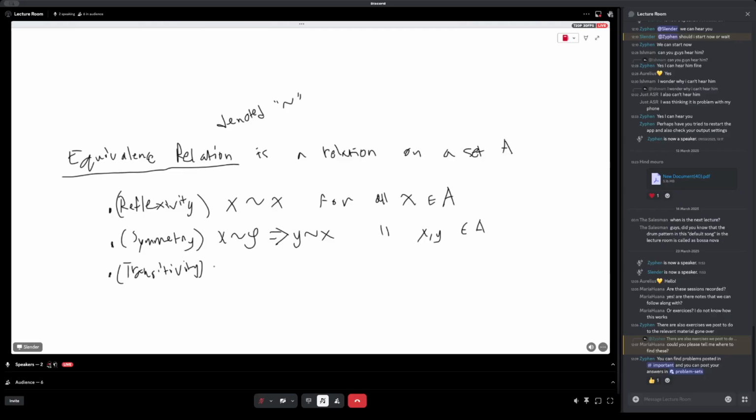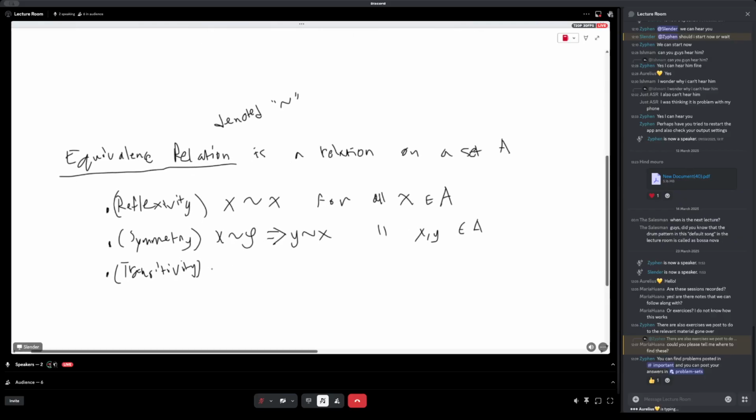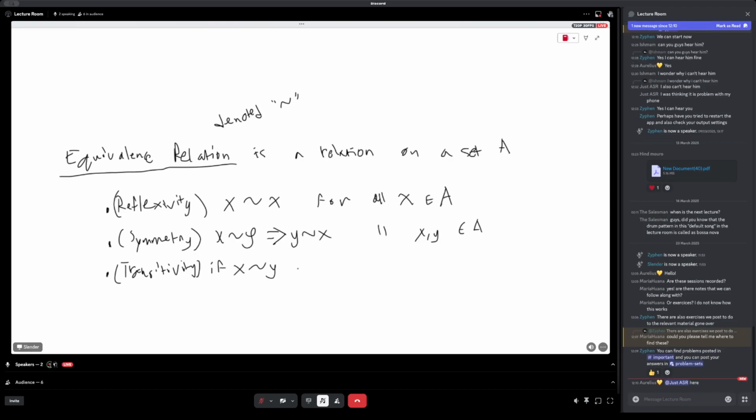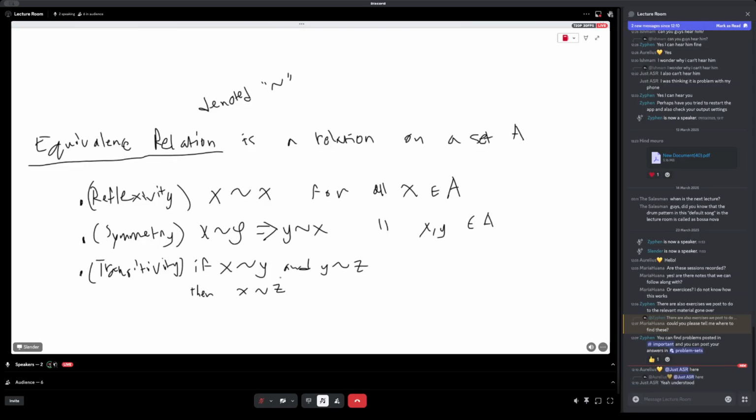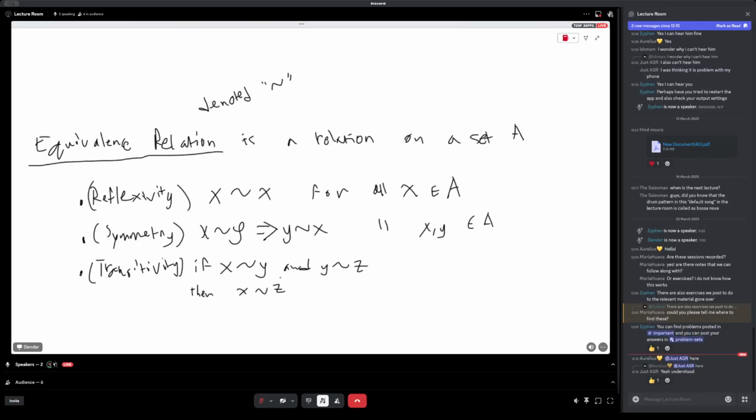This basically says that if x is in relation with y, and y is in relation with z, then x is in relation with z. This is true for all x, y, z in A.